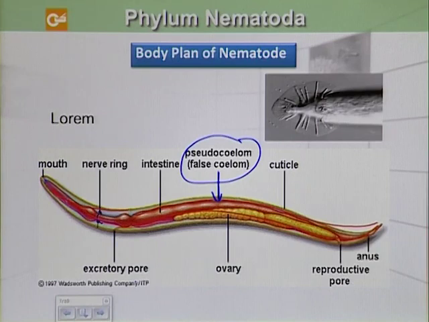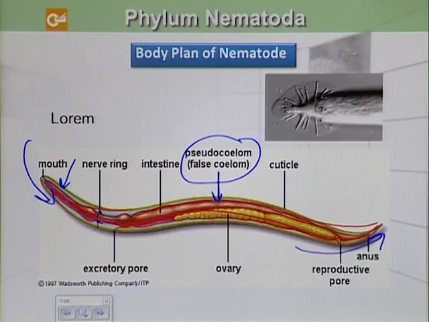So the food passes from the mouth as a result of sucking action, जो कि pharynx में mouth के पास, यहाँ पे pharynx है, इससे sucking action create होता है, and as a result of the sucking action food moves inside the body to the digestive tract और जहाँ पर ये broken down, the food is broken down and it is digested, and the wall of the stomach is only 1 cell thick, and some of the water with which the food has been mixed is reabsorbed near the end of the digestive tract, while the undigested food and the other water is eliminated through this anus.